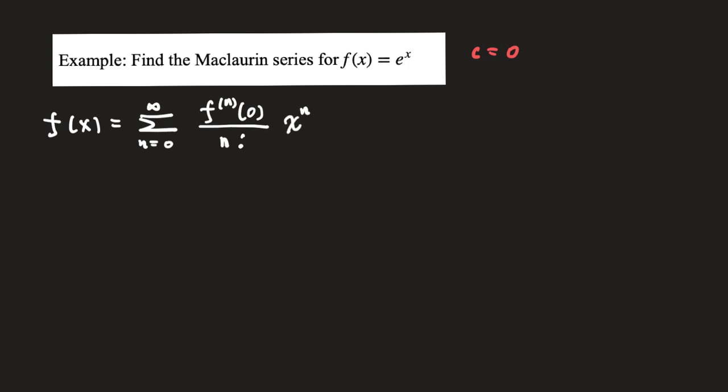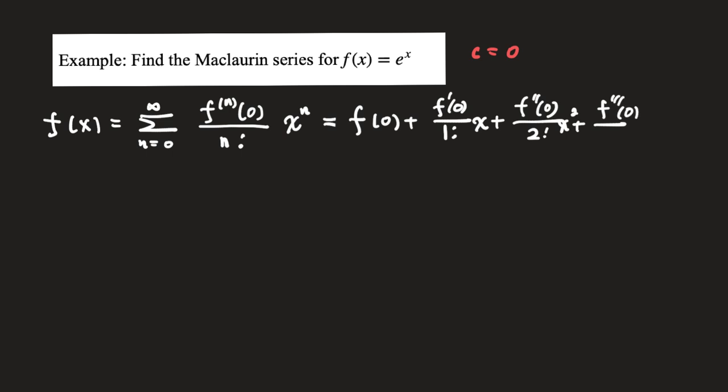That's what you need to find. Another way to write it: f of 0, plus f first derivative over 1 factorial x, plus second derivative at 0 over 2 factorial x squared, plus third derivative at 0 over 3 factorial x cubed.